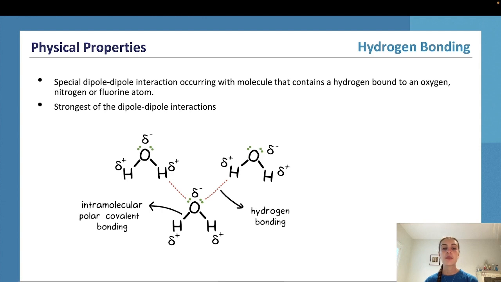This occurs because there is such a great electronegativity difference between hydrogen and oxygen that the oxygen, nitrogen, or fluorine, depending on the atom, draws electrons towards itself so strongly, creating a very strong temporary positive and temporary negative in the molecules. This means that the oxygen, nitrogen, or fluorine from one molecule can be very strongly attracted to the hydrogens from other molecules, forming what are known as hydrogen bonds between the molecules. These are what we know in this syllabus as our strongest intermolecular force.